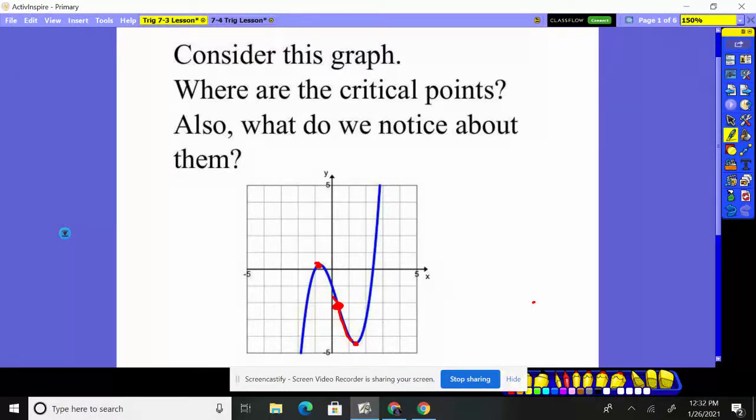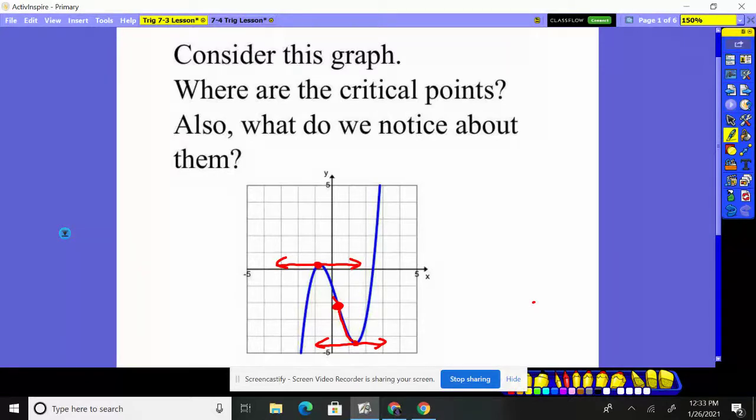Now, what do we notice about them? Here's what I notice that's key, as far as the minimum and the maximum goes. Notice if we draw the tangent line, it's a perfect what on both those? At the maximum and minimum, it's the perfect what? Horizontal. It's a perfect horizontal line.